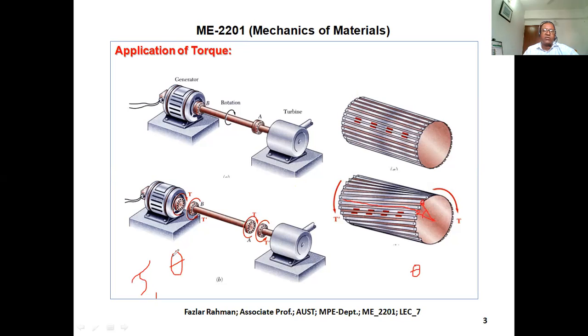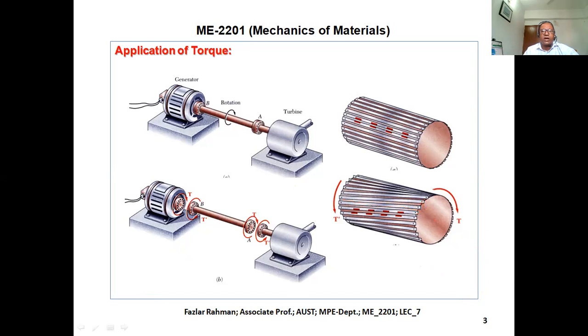How do we figure out this angular deformation? That formula: theta equal to TL divided by GJ. What is T? Applied torque. What is L? Length of the shaft. G is the shear modulus, a constant, and J is the polar moment of inertia.